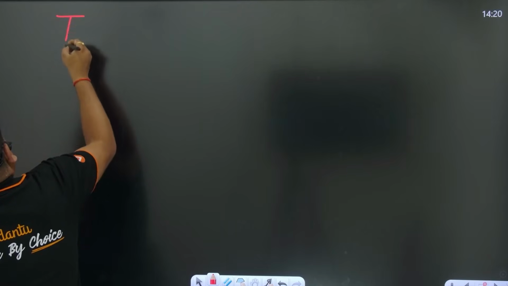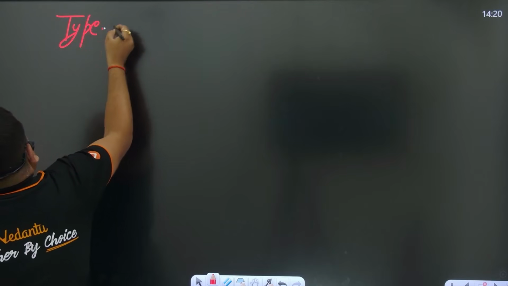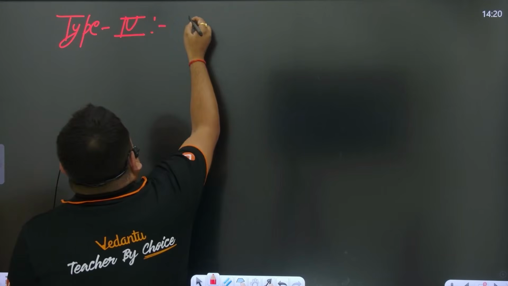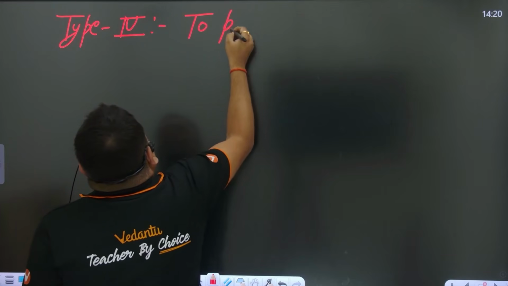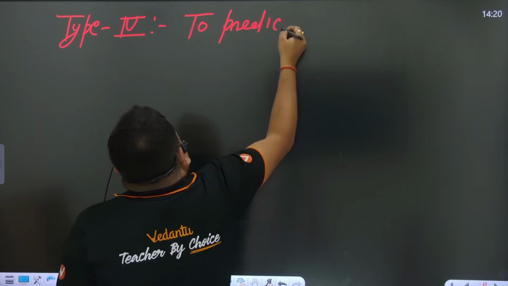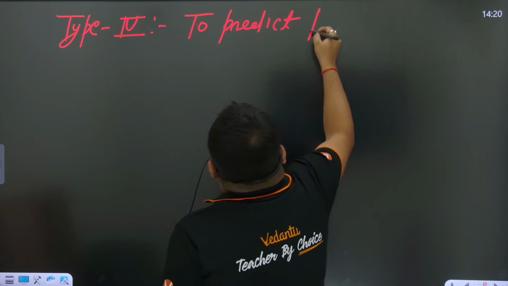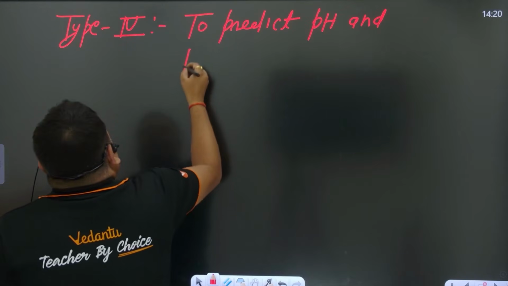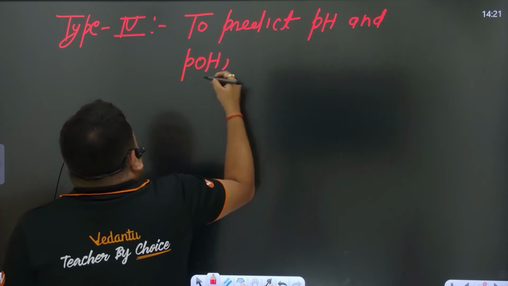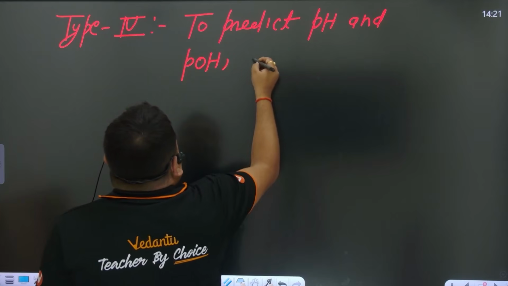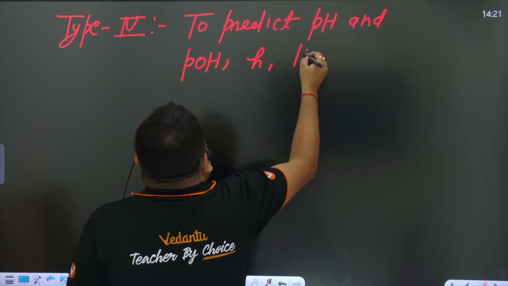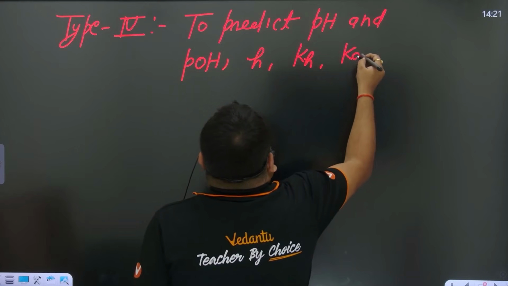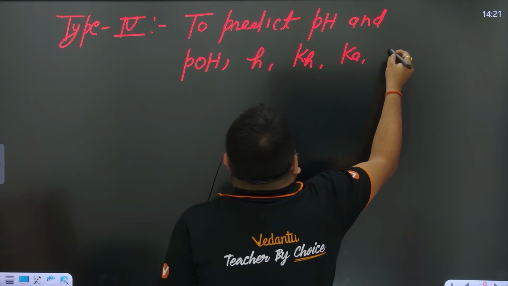Now type 4 question, right? Type 4 question is to predict pH and pOH, or sometimes they call h, sometimes they can also ask Kh, and sometimes they also ask Ka and Kb.